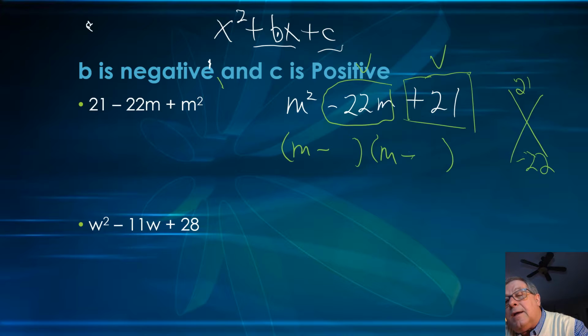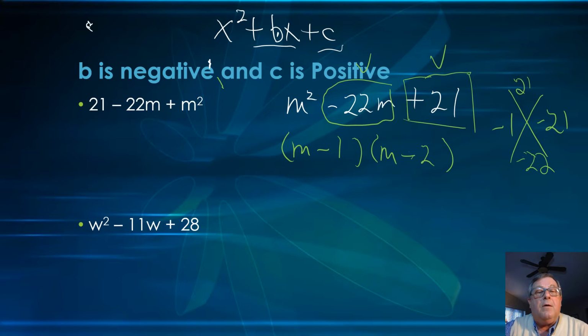And so my two factors are negative 1 and negative 21. So we're just going to pop in negative 1 and negative 21. And shazam, we have factored it when b is negative and c is positive.